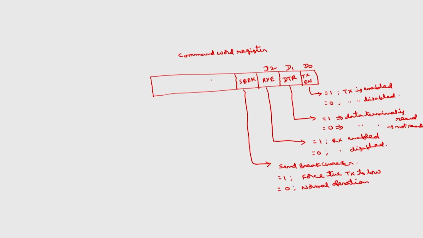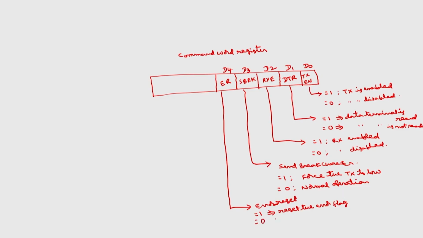Then the next bit is the error reset, ER. This is D4. If this is equal to 1, it will reset the error flag. The received character can have an error also.